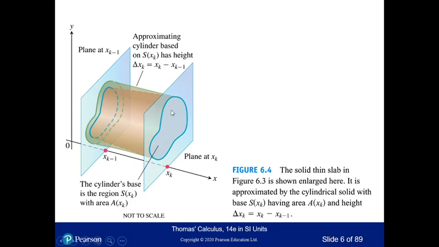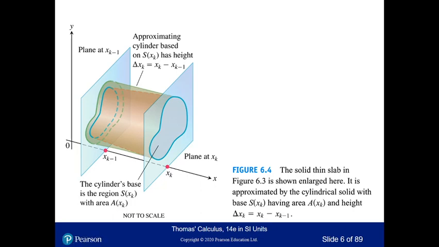You can see the enlarged thin slab here. So we have the x_{k-1} we expressed before, and we have x_k here. Just consider this region. Even if it looks very big here, it is a very thin one.